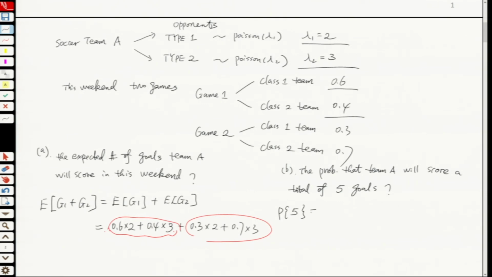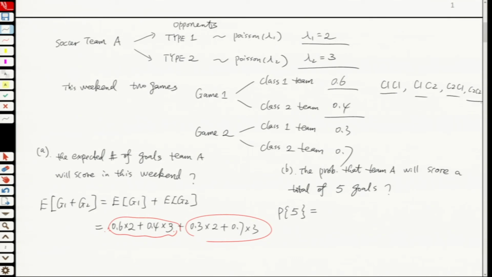So this will equal, the first one is, what's the probability that you are going to have a class 1 team in game 1 and a class 1 team in game 2? So you could have class 1, class 1; class 1, class 2; class 2, class 1; and class 2, class 2. So these are 4 possibilities.